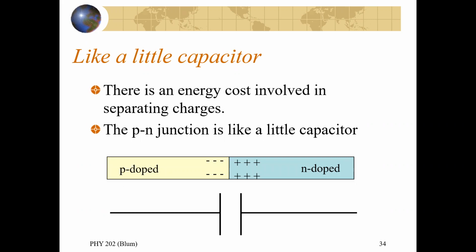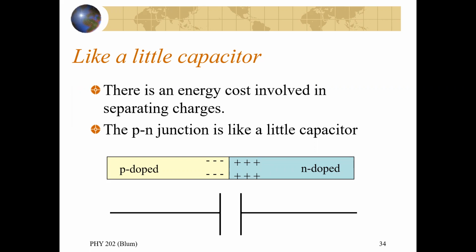Let's think about this charge separation now. I have a p-doped and an n-doped. The n-doped had some electrons that jumped ship over to the p-doped to take those easier courses. So on the p-dope side, there's a net negative charge, and on the n-dope side, there's a net positive charge.